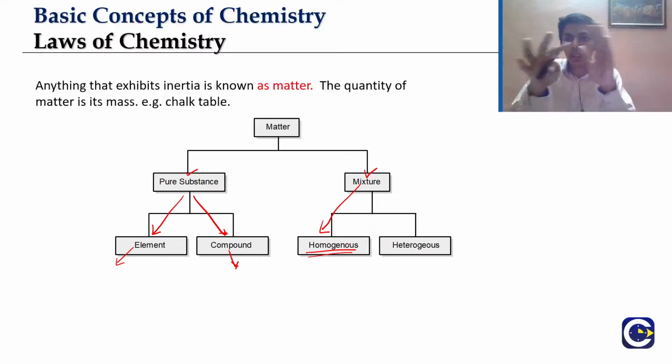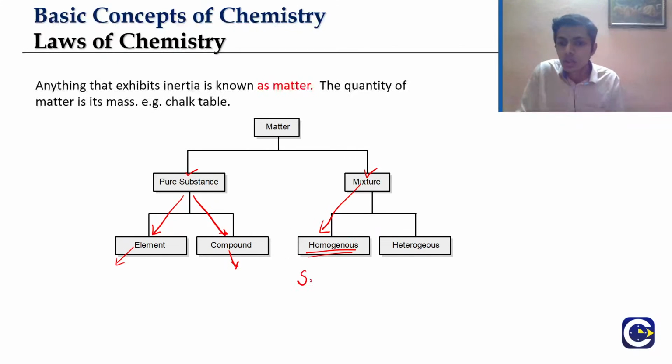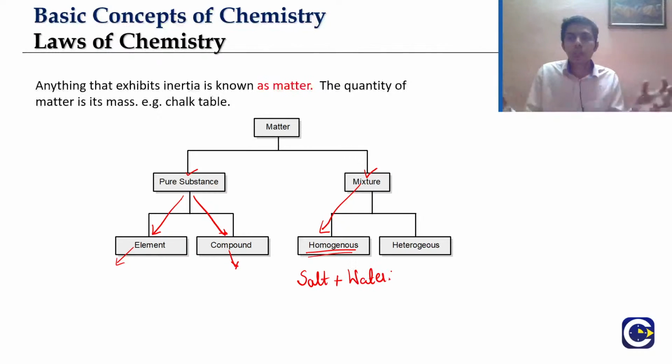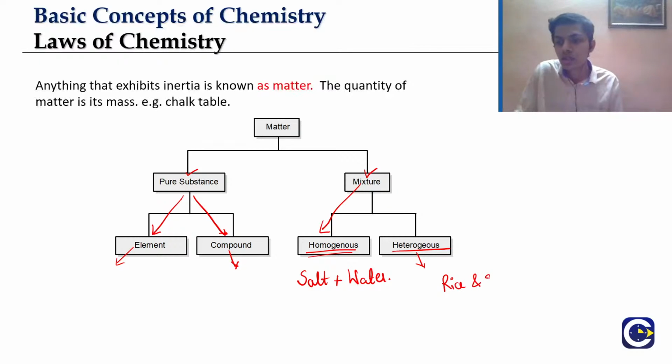Homogeneous means it is evenly distributed throughout the matter. For example, salt plus water. They are evenly mixed in a homogeneous solution. Whereas in case of heterogeneous, it is not evenly mixed. Example could be rice and stones.